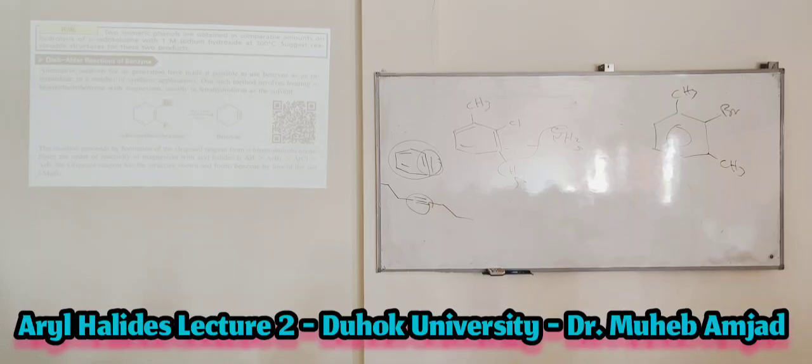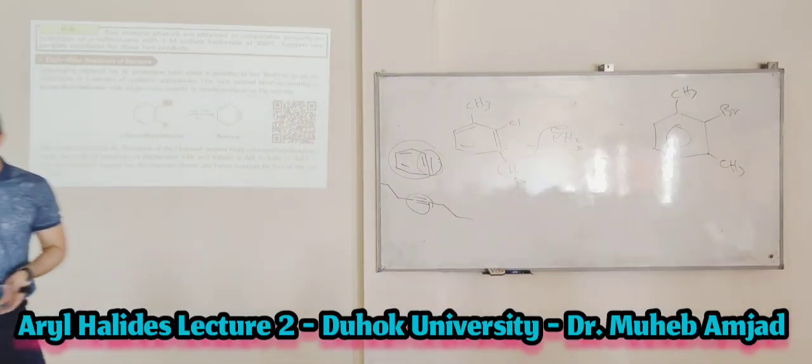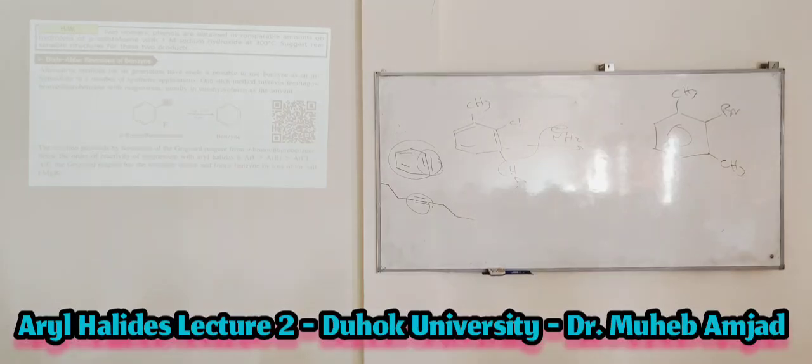You know what benzyne means. How is the benzyne formed? Here, for the Diels-Alder reaction, there is an alternative method for the generation that has made it possible to use benzyne as an intermediate.